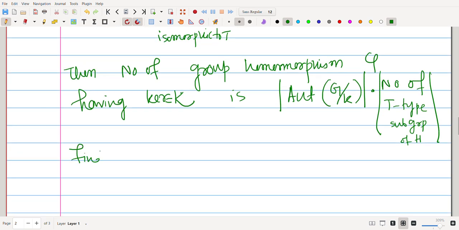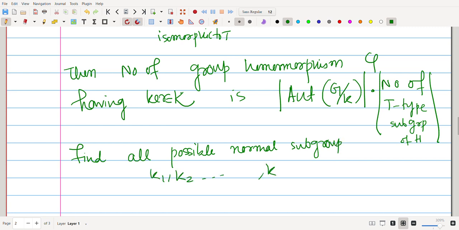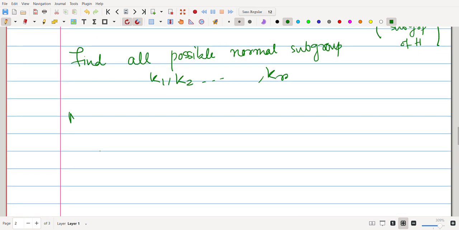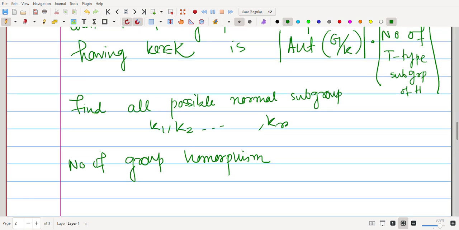Now find all possible normal subgroups. Say they are K1, K2 up to Kr. The number of group homomorphisms that have kernel K1 is the order of the automorphism group of G mod K1, times the number of G mod K1 isomorphic subgroups inside H, which is the T type subgroups, right?